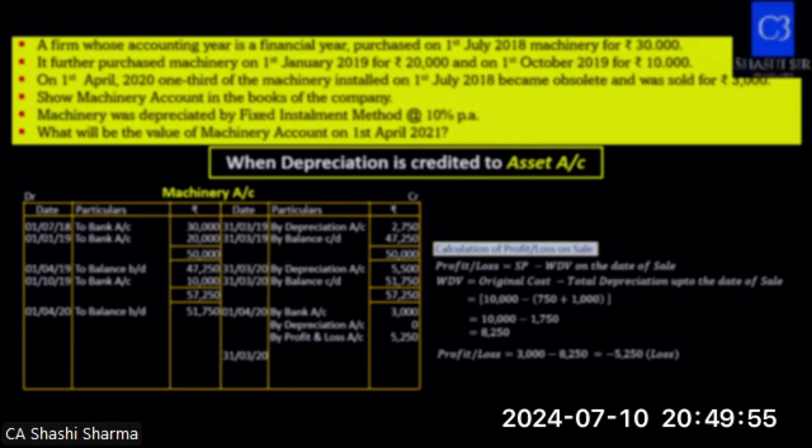So suggest to me the amount of depreciation. What amount will be credited as depreciation in the third year, at the end of the third year? Come on, it's simple. Suggest me a figure. You can do it.